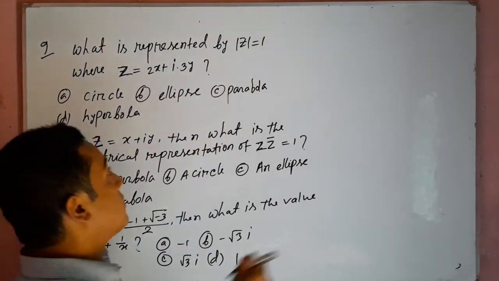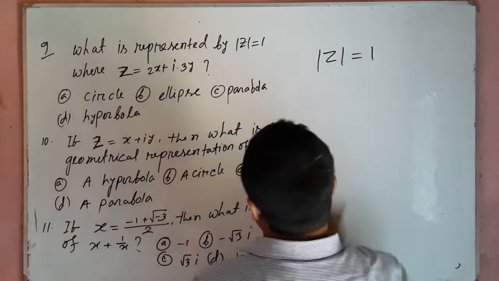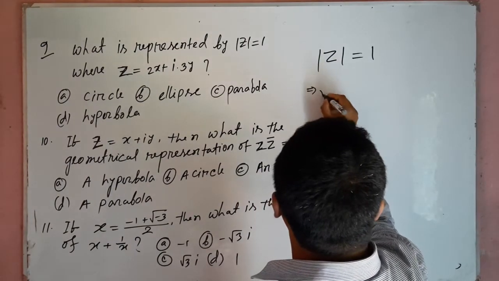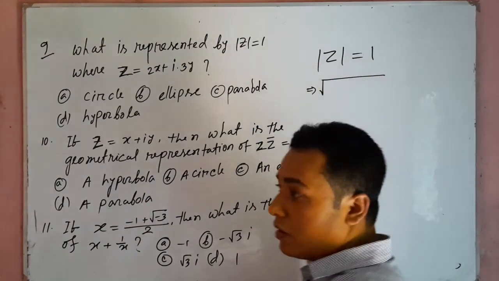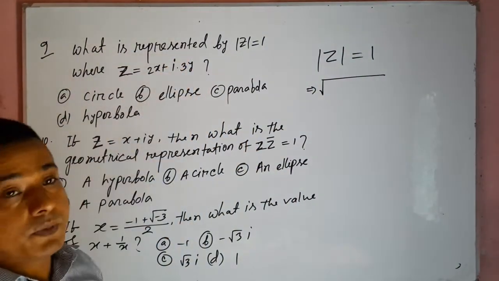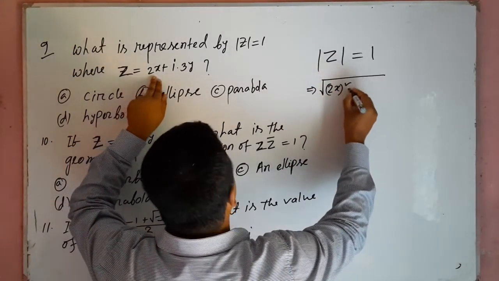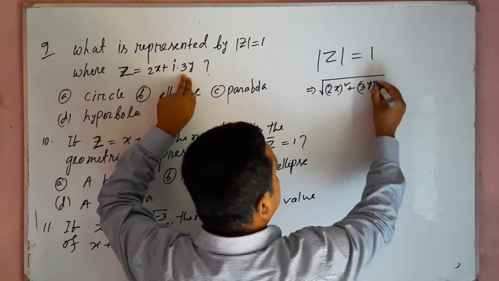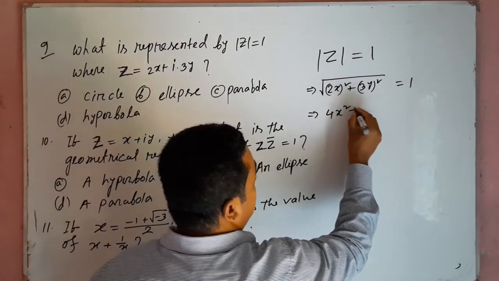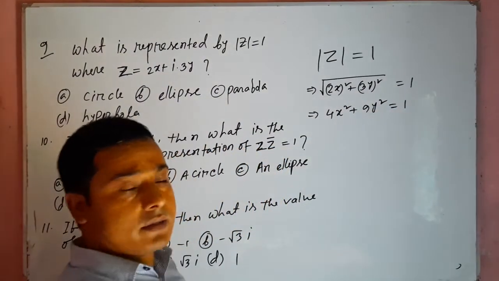So modulus of z is equal to the square root of the sum of the square of the real portion and the imaginary portion, that is 2x square plus 3y whole square is equal to 1. Squaring both sides, 4x square plus 9y square is equal to 1.